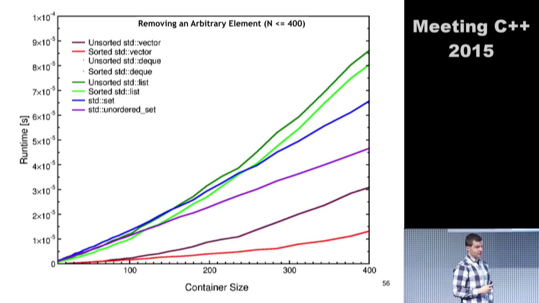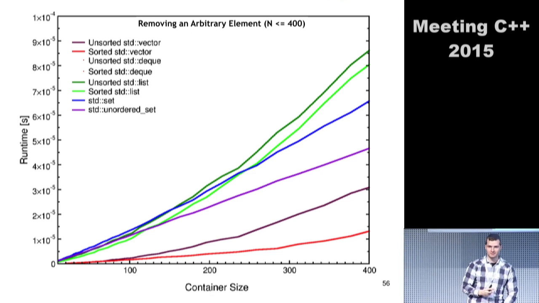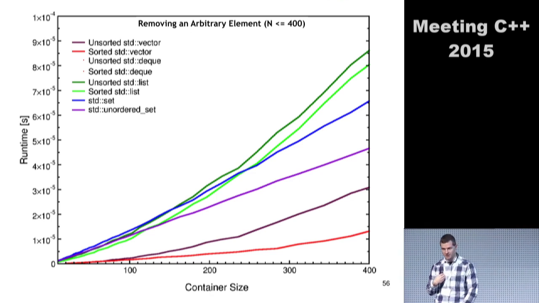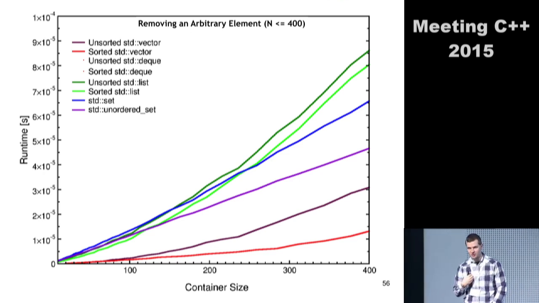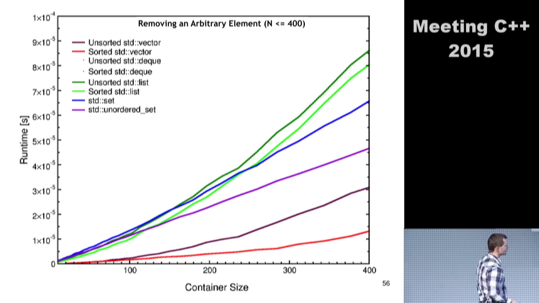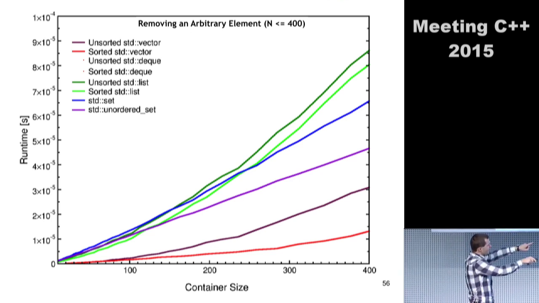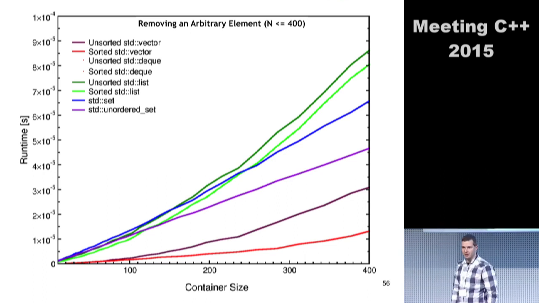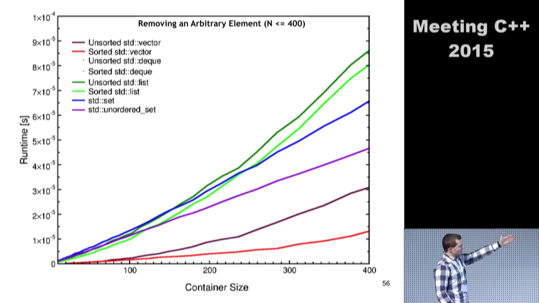Vector is actually very efficient in this benchmark. Yes, I'm using an int. An int is a primitive data structure, something that a machine can work with very efficiently. But this is basically the point that I want to show. Up to 400 elements, the sorted vector is just the master of removing at an arbitrary position. Of course, the unsorted vector is not as efficient, but still it's better than all the others.